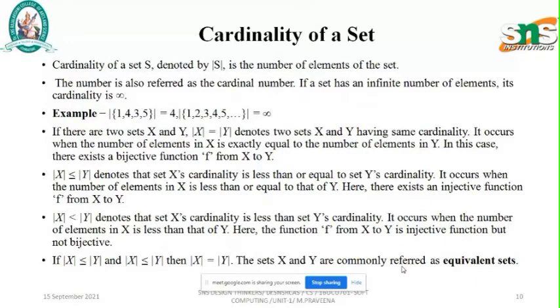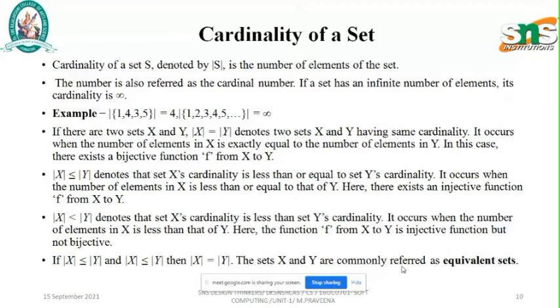The number is also referred to as the cardinal number. If a set has an infinite number of elements, its cardinality is infinite. See here in the first set there is 1, 4, 3, 5, so the cardinality is 4.